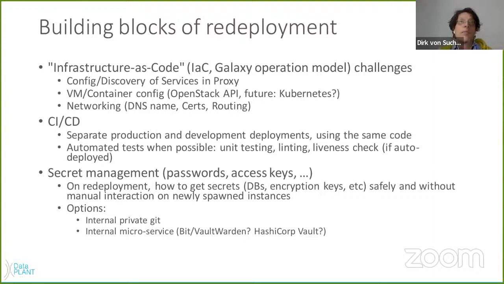That is a principle introduced by our partners from the Galaxy team. That is their operation model. All that config discovery of services is done via the proxy, the VM or container configuration, depending on what is required, or the networking setup, DNS naming, for instance, certificate handling, necessary routing.